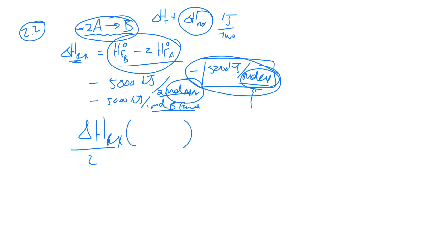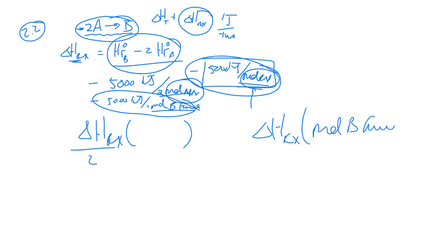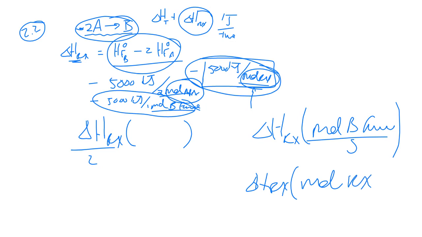Or you can say, I'm going to use this basis, and I'm going to multiply it by the moles of B formed per second in that reactor. Or I'm going to multiply it by the mole reaction per second, which is that epsilon that I recommend on the slides.